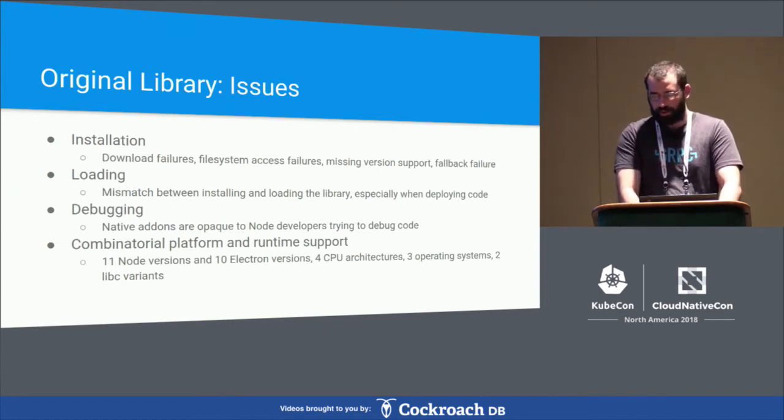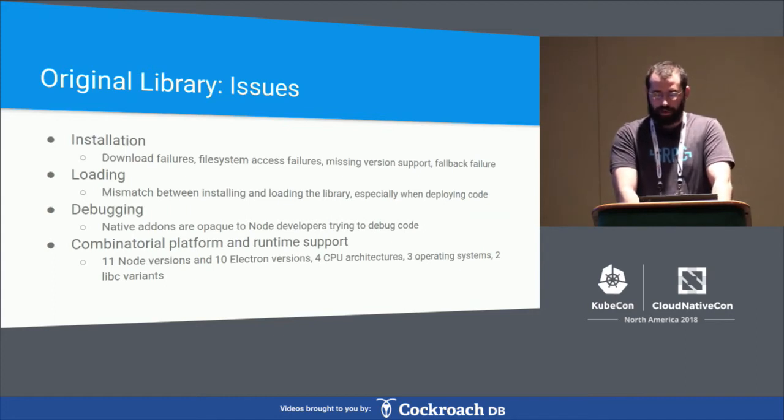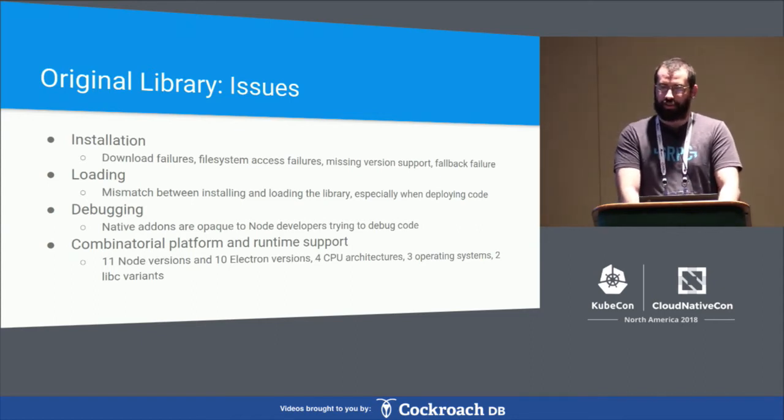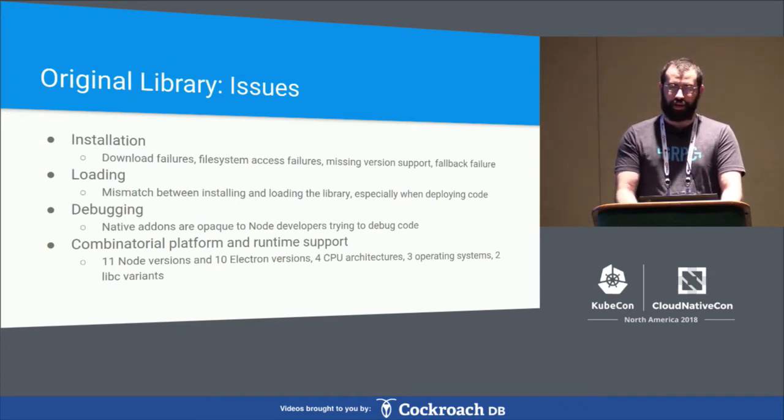And as I mentioned, there is a fallback, but a lot of environments like Docker and even regular development environments for Node don't have the tools available to actually compile this code. So the fallback doesn't work either, and they just completely fail.